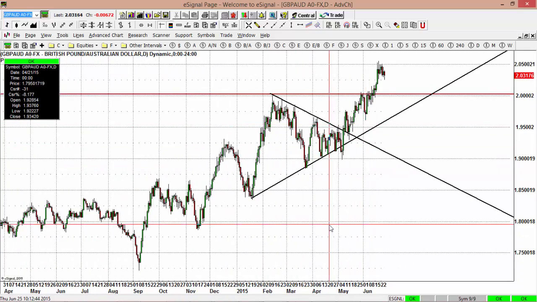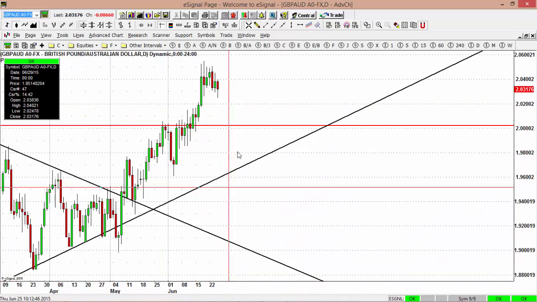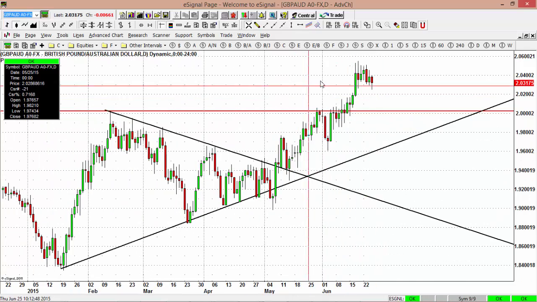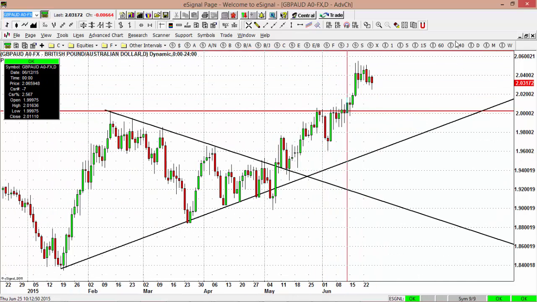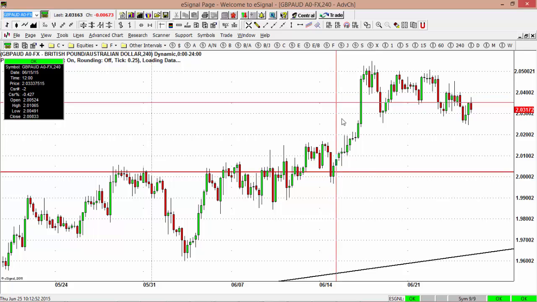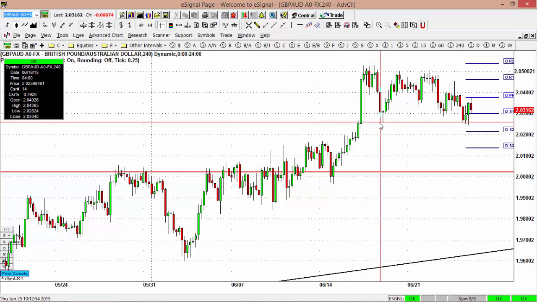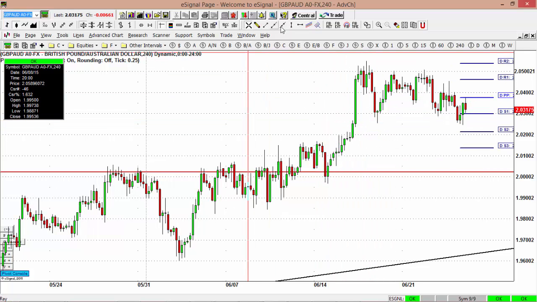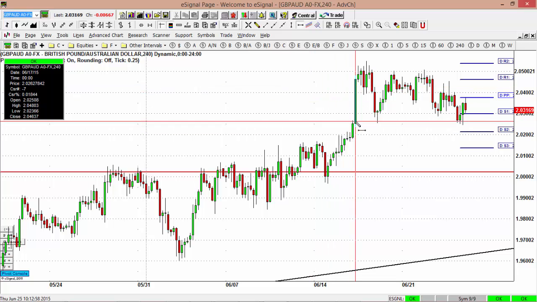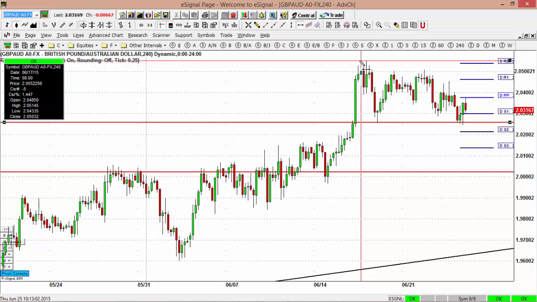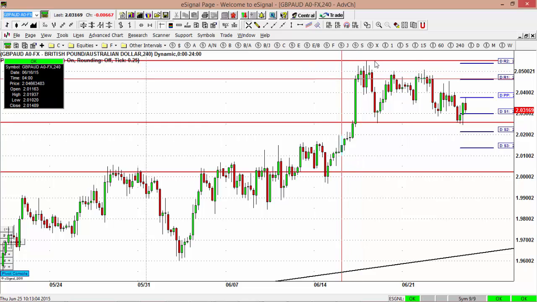Now, taking a look at this British pound, Australian dollar, we have support in this 2.250 region. Support is here, as you can see on the 4-hour chart, and resistance is up above the high that was made.